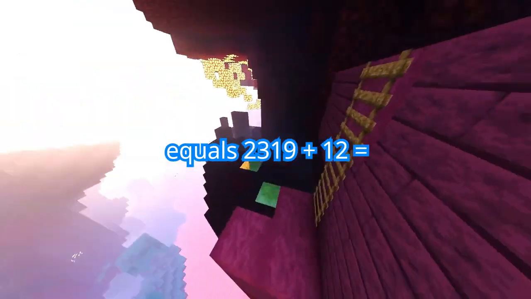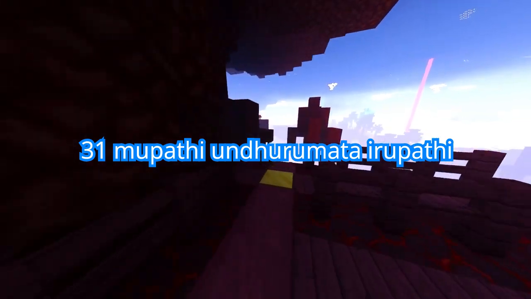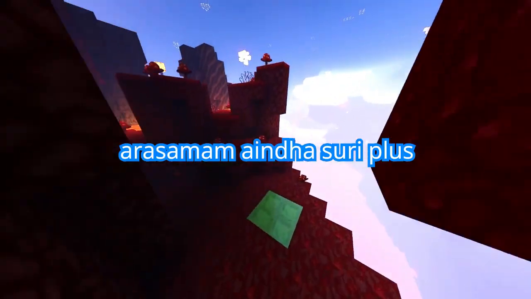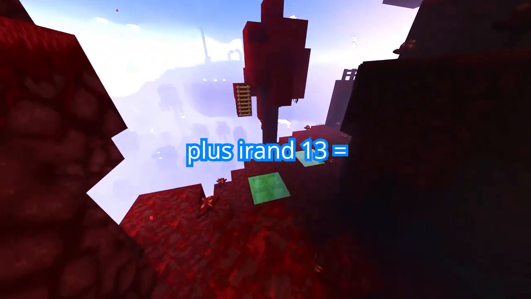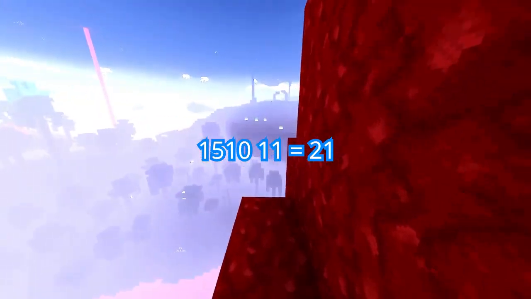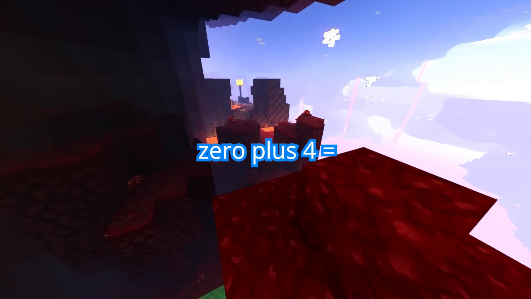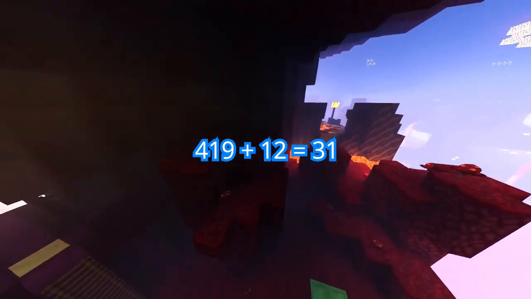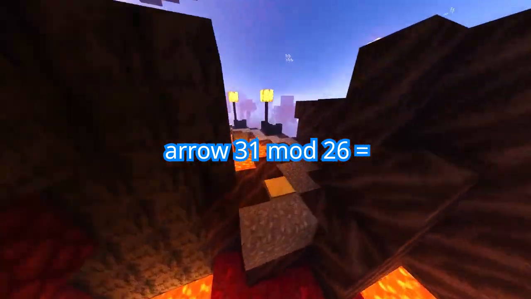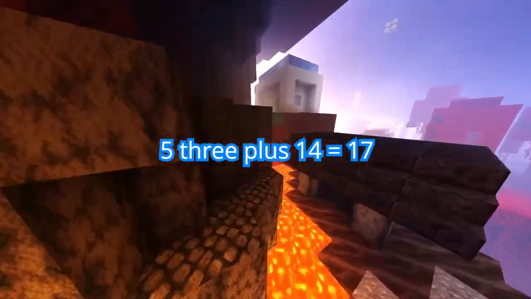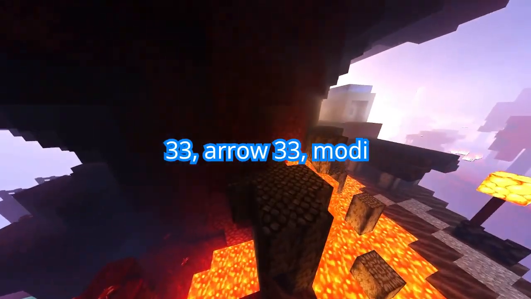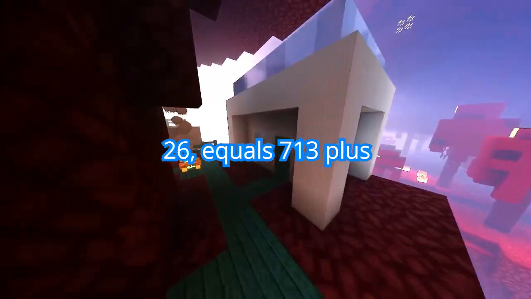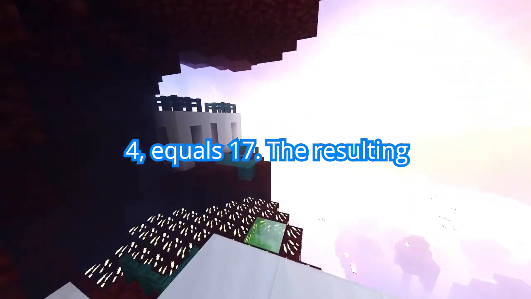0 plus 11 equals 11. 19 plus 4 equals 23. 19 plus 12 equals 31, and 31 mod 26 equals 5. 0 plus 14 equals 14. 2 plus 13 equals 15. 10 plus 11 equals 21. 0 plus 4 equals 4. 19 plus 12 equals 31, and 31 mod 26 equals 5. 3 plus 14 equals 17. 0 plus 13 equals 13. 22 plus 11 equals 33, and 33 mod 26 equals 7. 13 plus 4 equals 17.